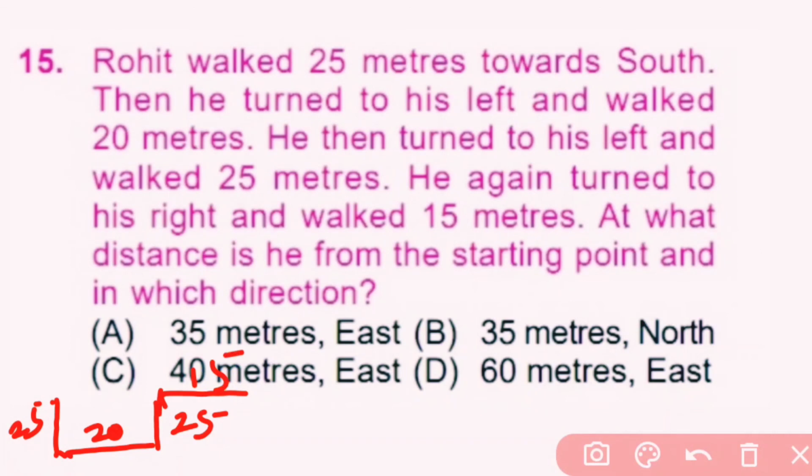At what distance he is from starting point? So this is his starting point and this end point. So this 20 meters and this 15 meters means 35 meters and in the east direction. So here A is correct answer.